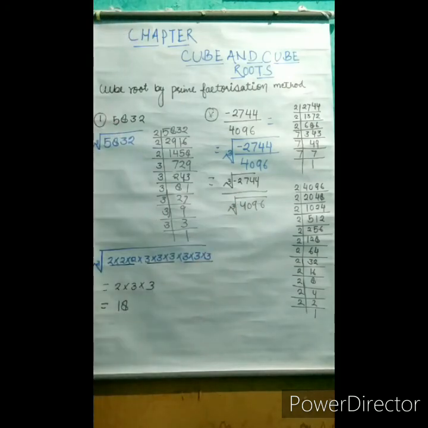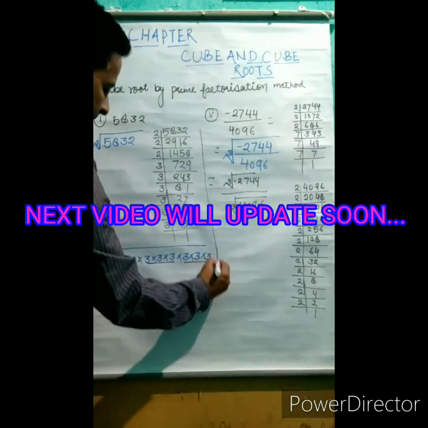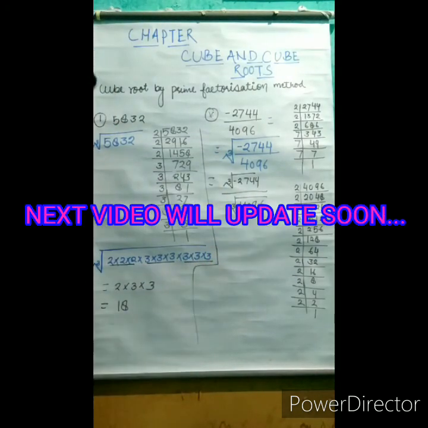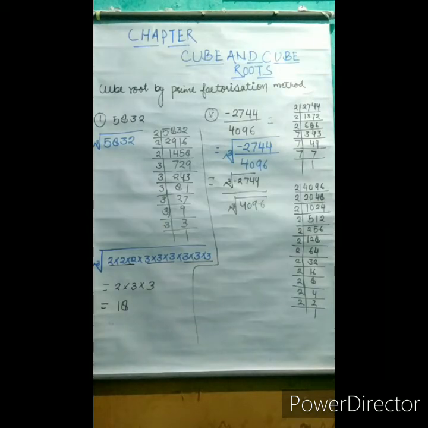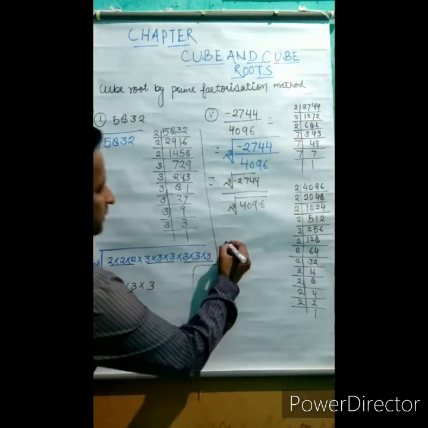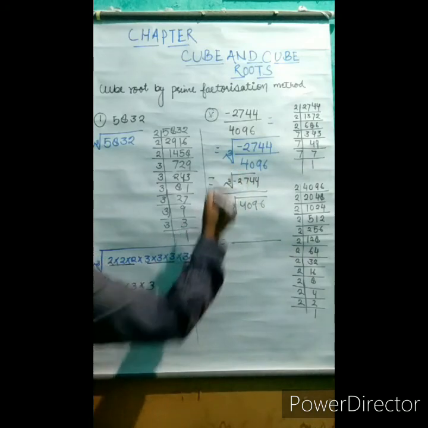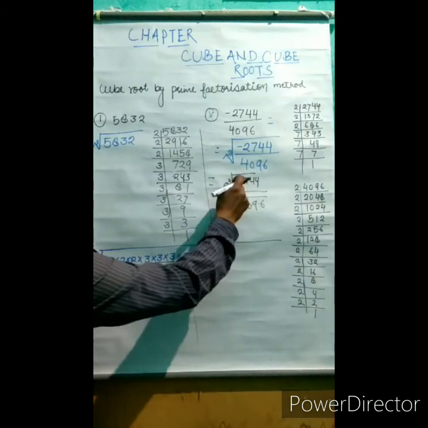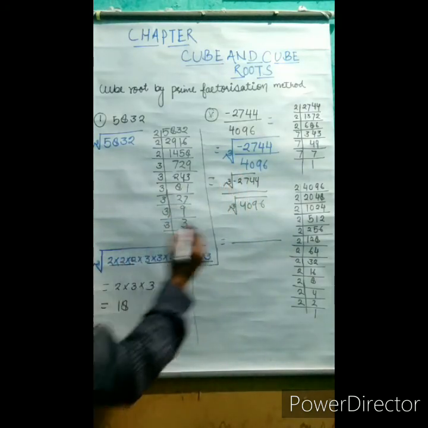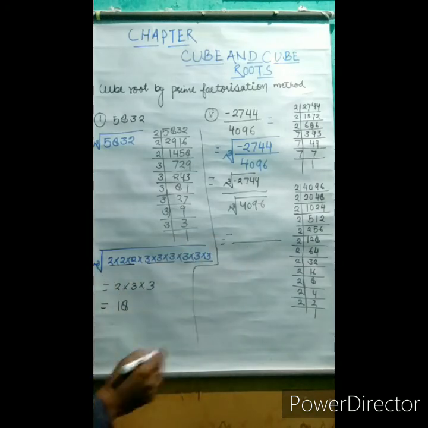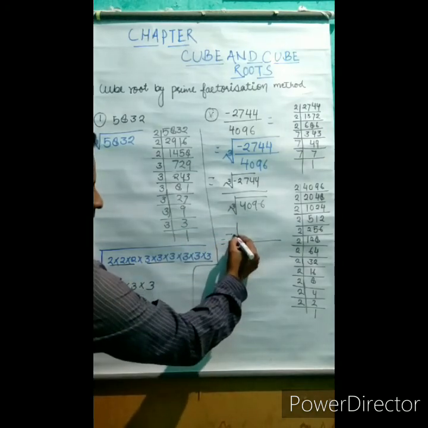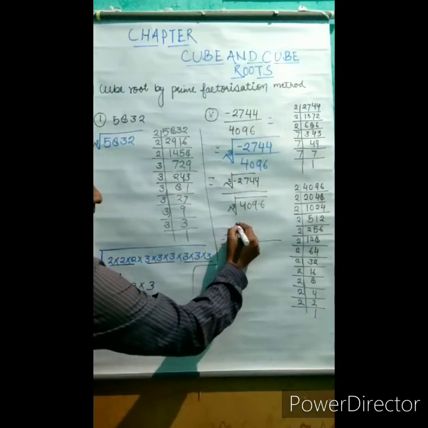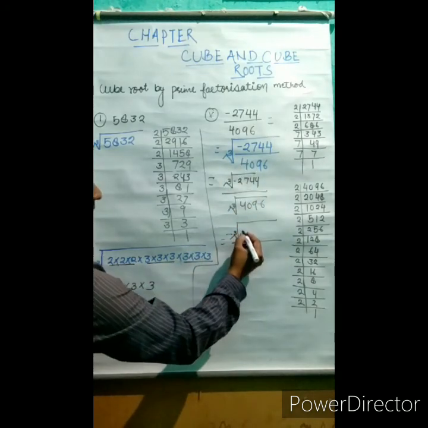Same thing as we did in the previous question, we'll write down the factors. First I will write down the factors of the numerator. This is minus; you know that the cube root of a negative number is always negative, so you can take the minus outside. Inside the cube root you can write down the factors.